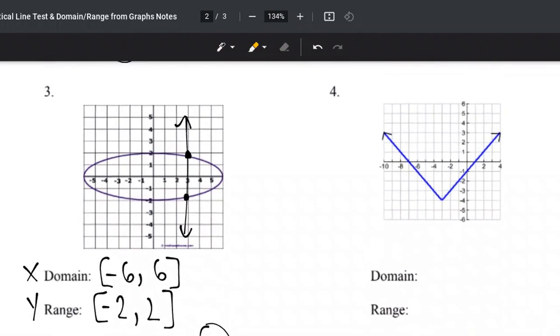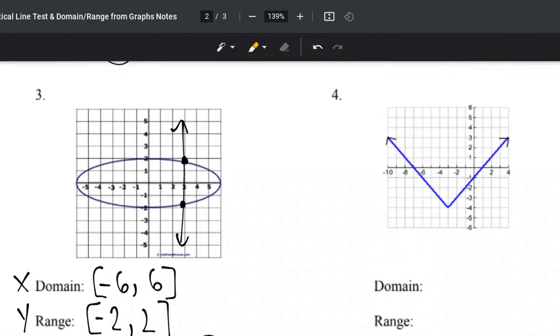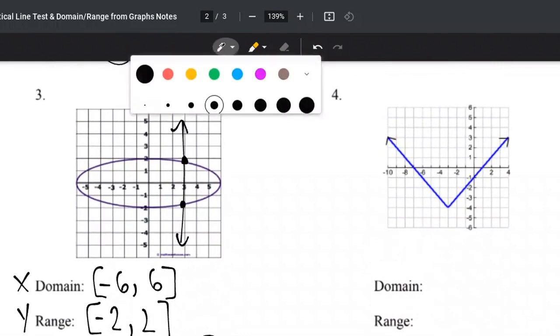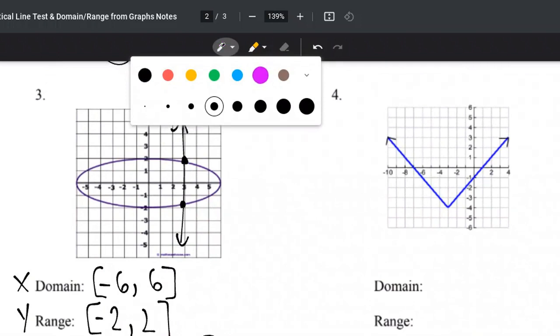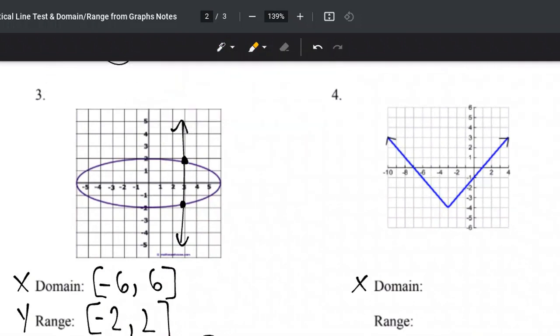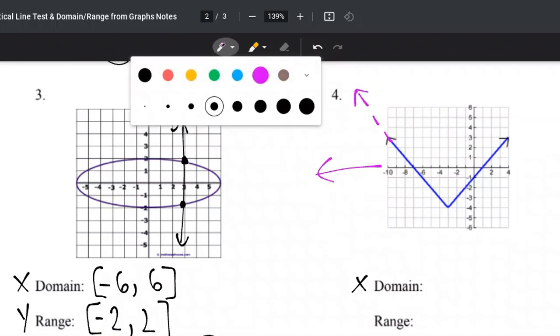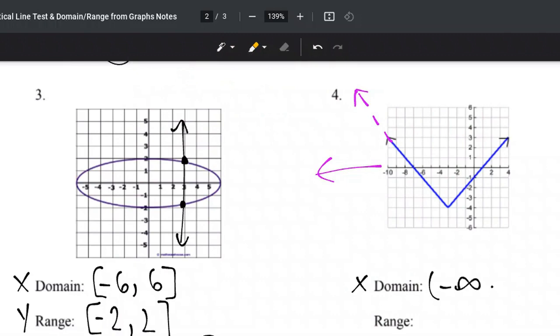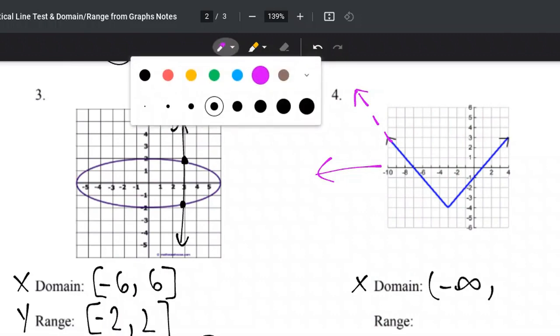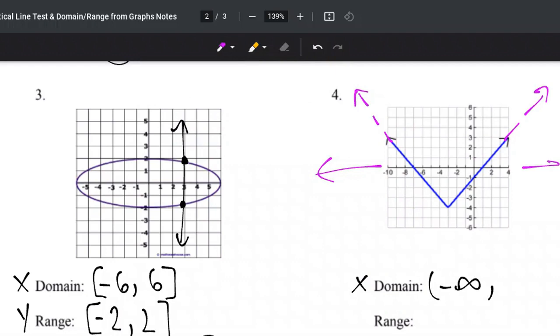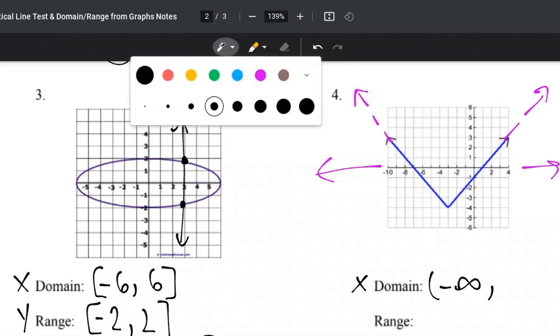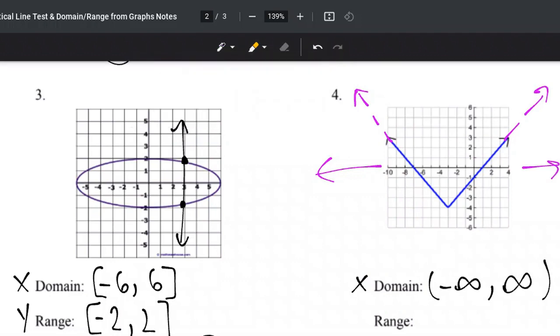Let's check out number 4 for domain and range. For our domain, we're looking to see for our x values how far left the graph goes. This graph goes forever left, so negative infinity. How far right does the graph go? It goes forever right to positive infinity. What's our range?